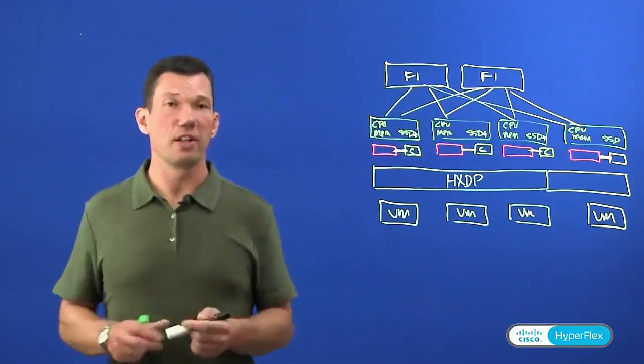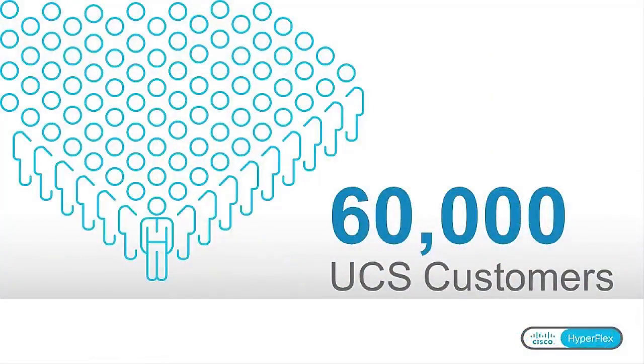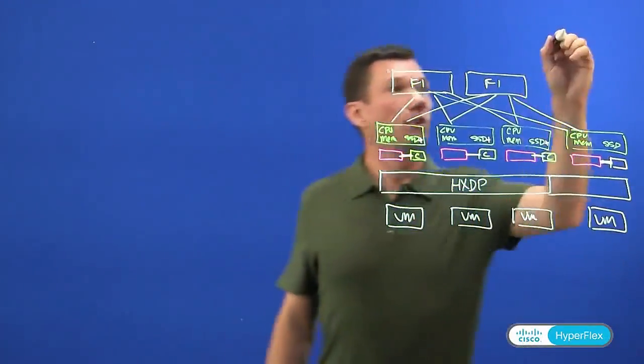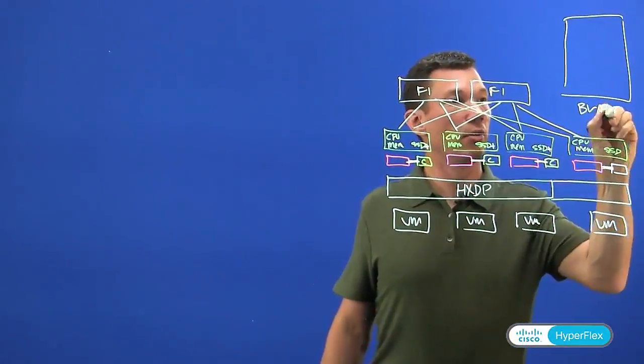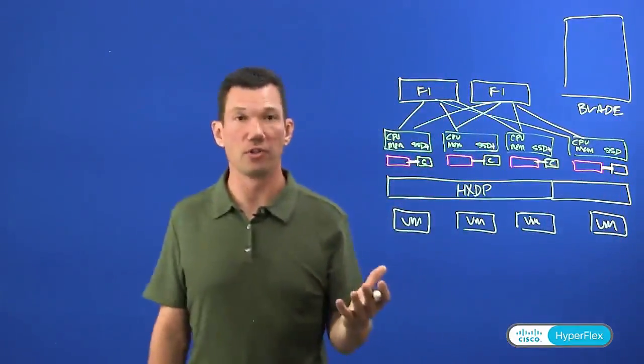So let's consider our existing UCS customer base. We've got 60,000 UCS customers out there. A lot of those customers may already have existing blade or rack mount servers in their environment.